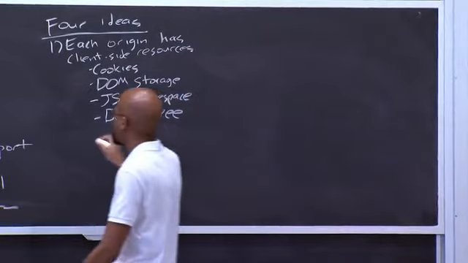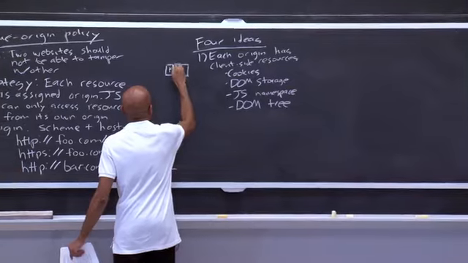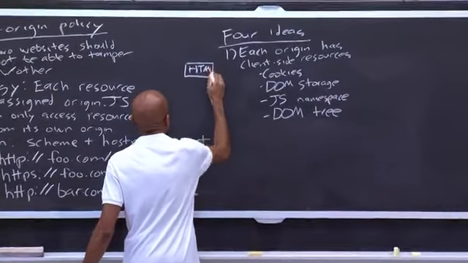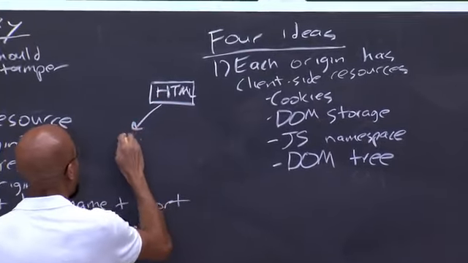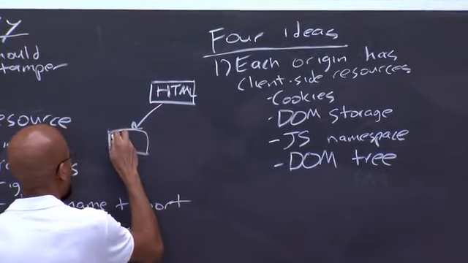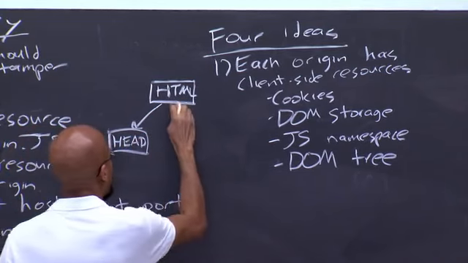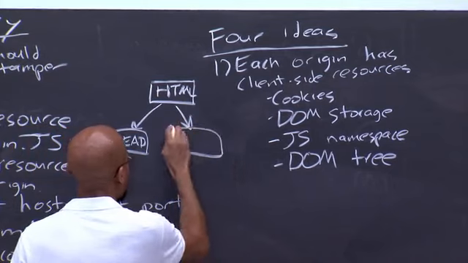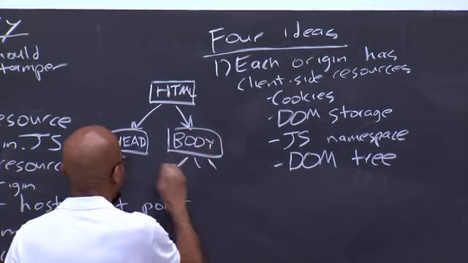Right? So you can imagine that the DOM tree has a node for the topmost HTML node in the HTML, and then it's going to have a node for the head tag. Then it's going to have a node for the body tag, right?